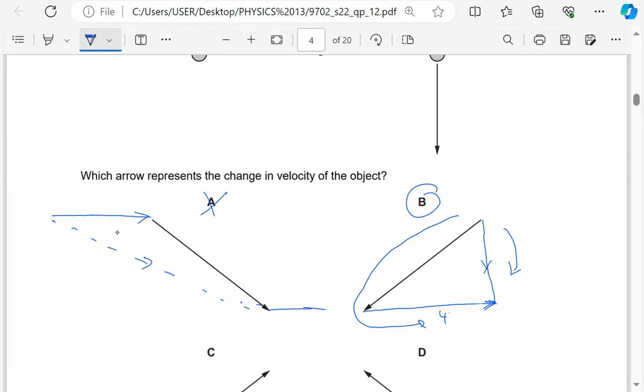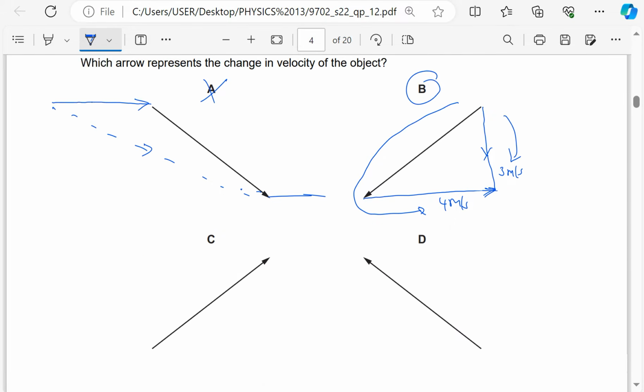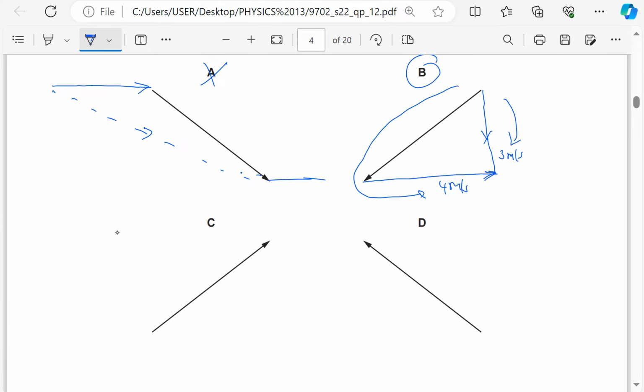This is 4 meters per second, then this is 3 meters per second, which is the resultant. We can check this one. When I join head to tail, I add 4 here. The resultant is going to be here, which makes this one wrong. If I add 4 here on D, wherever I add 4, I can even put it here.